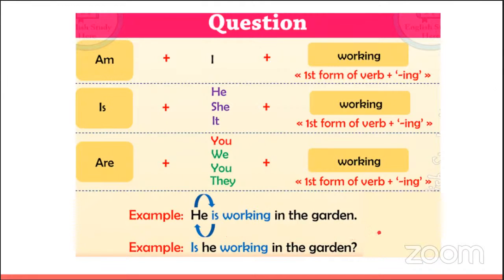We can also apply the WH questions to get a more specific answer. For example, what is he doing in the garden? He is watering the plants or he is planting a plant. All right, we use WH to have more specific answers.